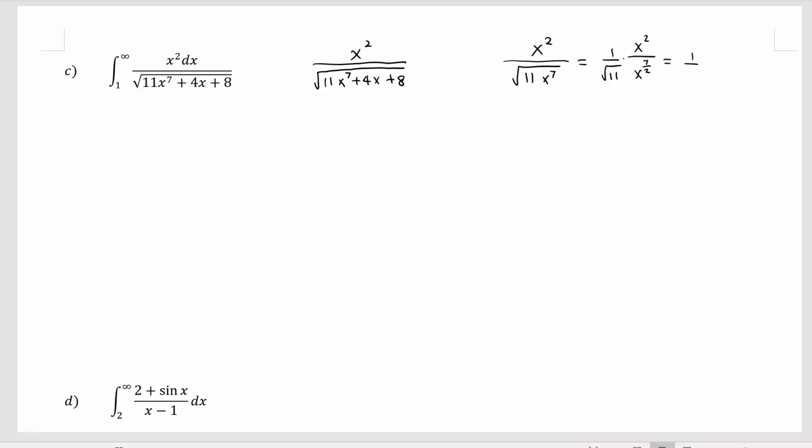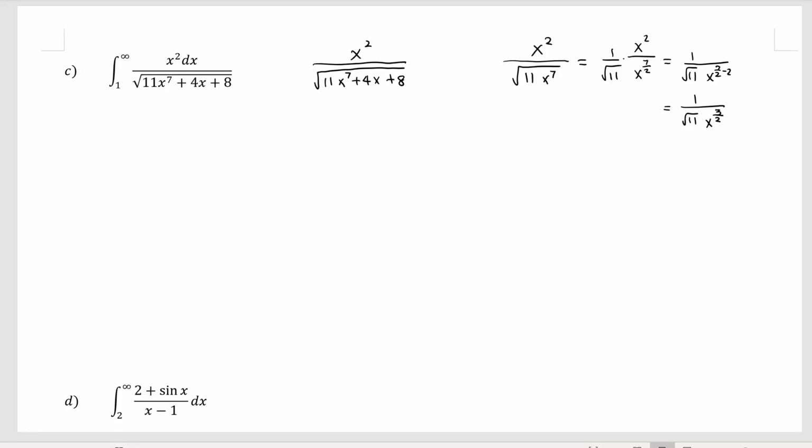You need to simplify what it is. Because 7 over 2 is bigger than 2, we will have more x in the denominator. So we get 7 over 2 minus 2, and do you know what that is? It's like 7 over 2 minus 4 over 2, so that's 3 over 2.